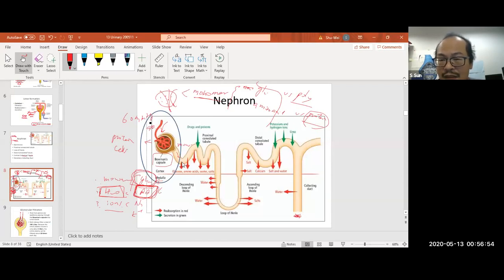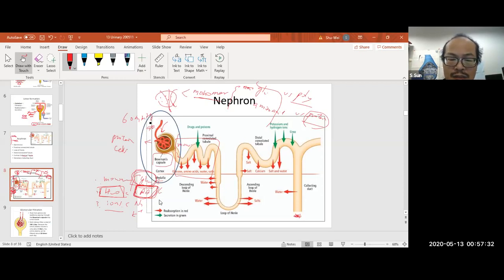We want to take them back, because you work hard, you get paid, and you spend money on the food. 100% of this glucose and amino acids are reabsorbed here in the proximal tubule, 100%. So the remaining parts don't do that work. Just in the beginning, the essential part is taken back to our body.